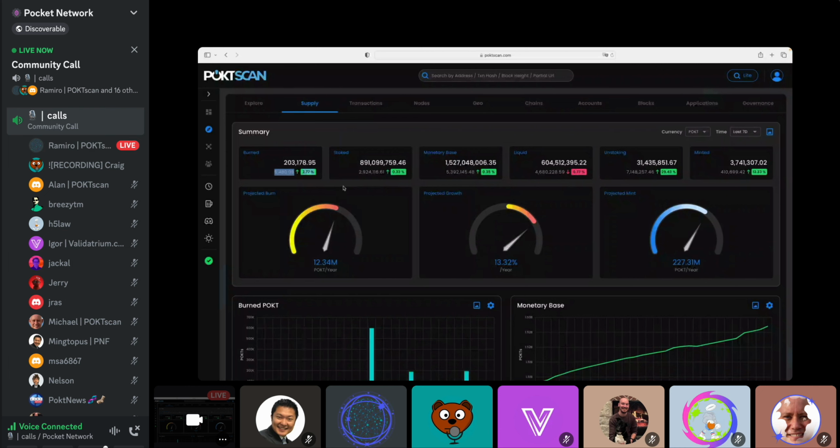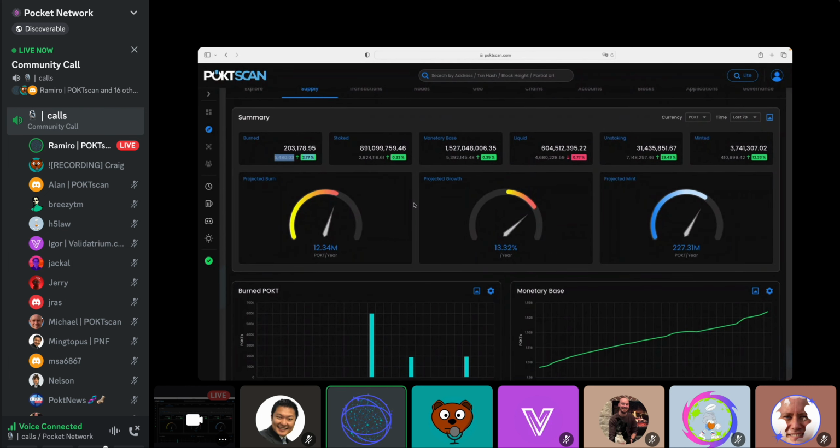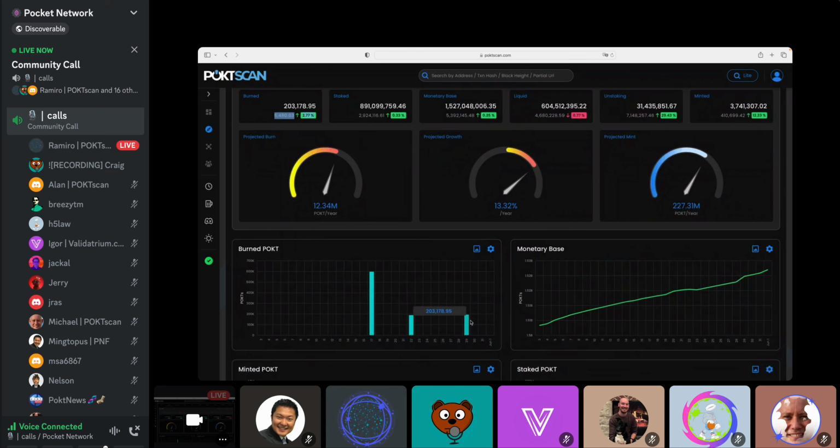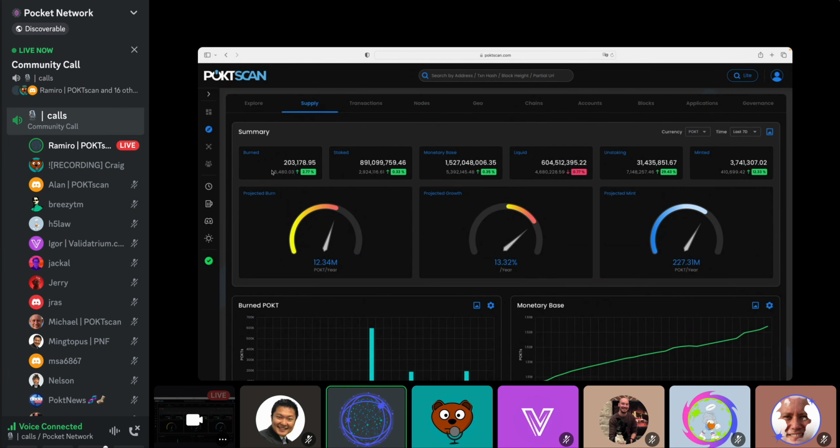So if you observe here in the burned pocket graph, the last one was 203, and the one before it was 197,000. So the difference between those two is 5,000 pocket, and the burning grew by 2.7%. So that's the information that we see below.